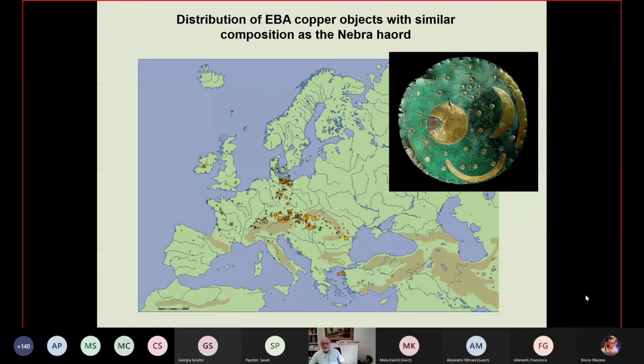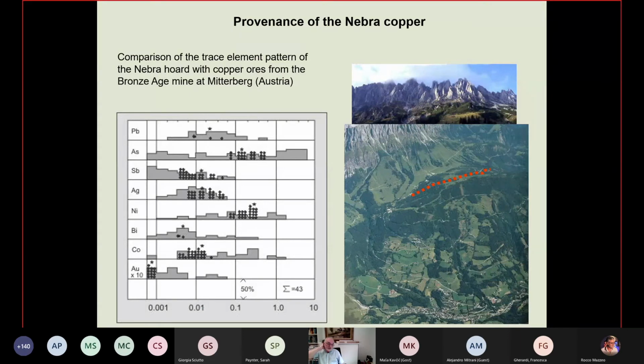That was already very interesting, very convincing, I would say, but we could even go further, even with the trace element ratios, because in those days we had already analyzed copper ore from Mitterberg.